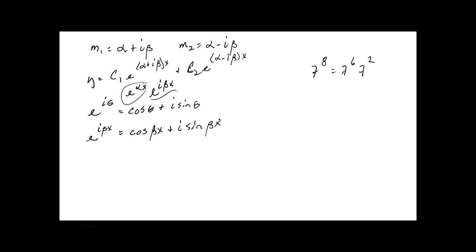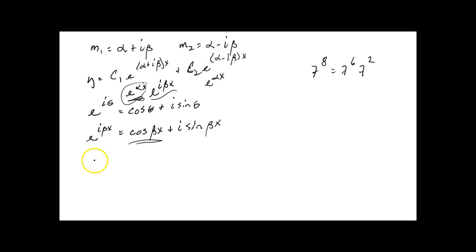All right, so you got rid of one i, got one real part. This is a real part. Don't forget that. Now let's do the other one. And again, here you would have e to the alpha x. That's the same alpha x as we have there. That's a real part. So hang on to that one for a minute.